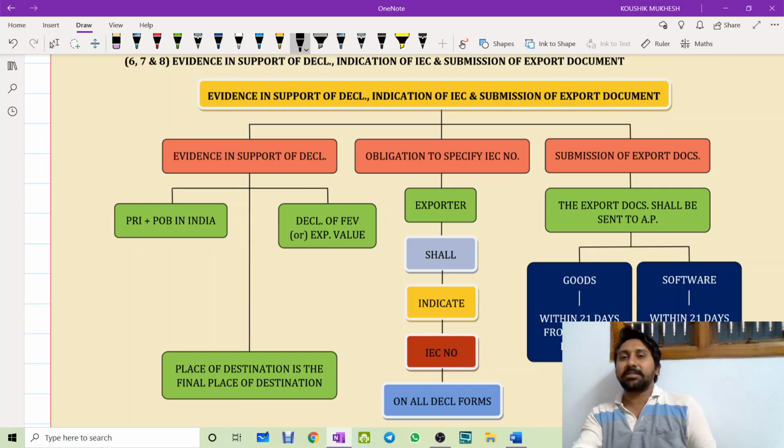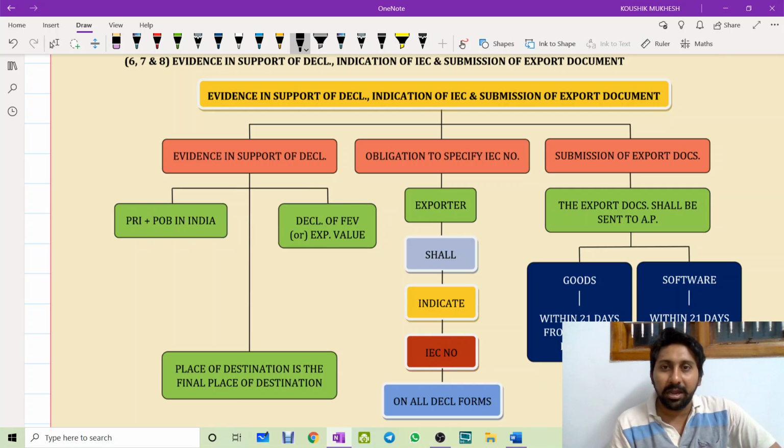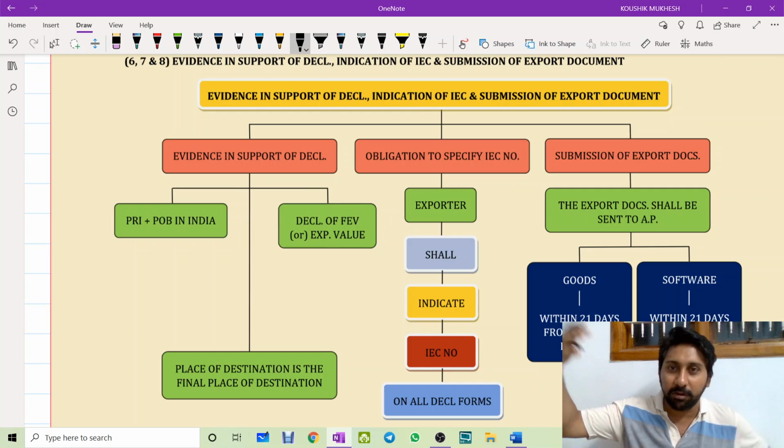Let us first try to understand one basic concept before we start. Yesterday we completed a concept called PRI and PROI. What we learned: PRI means a person who stays in India for more than 180 days in the preceding financial year, and if he comes to India for any of the three purposes, or if he goes out of India not for the three purposes.